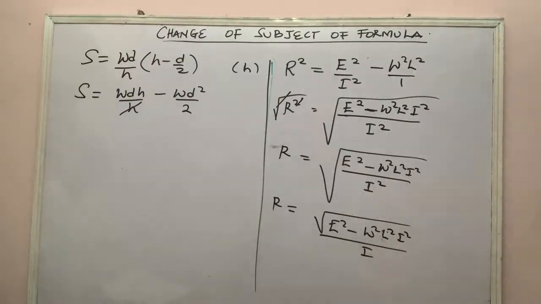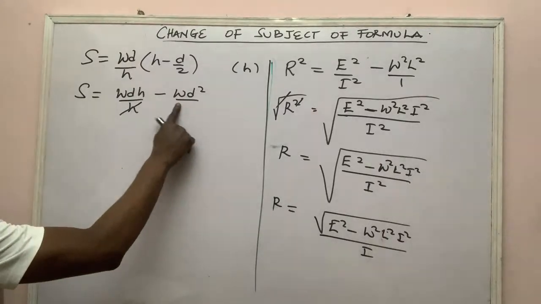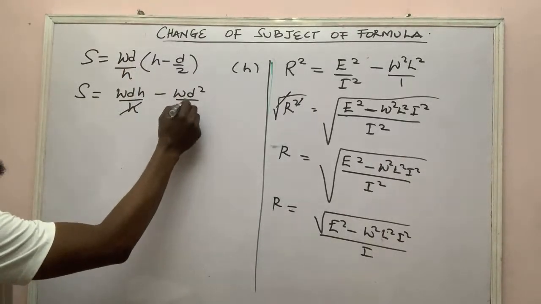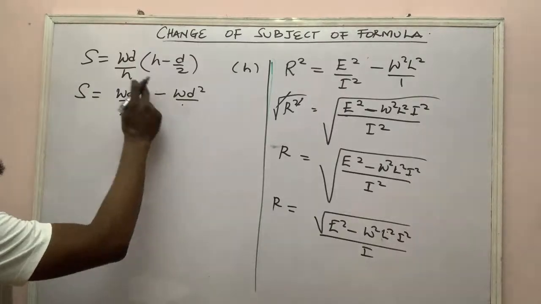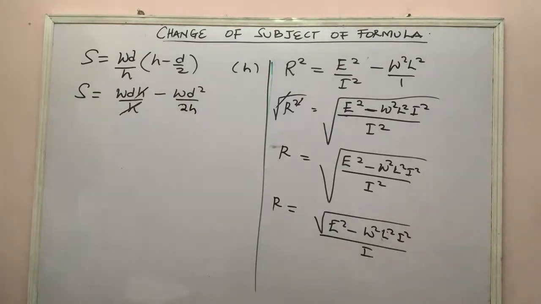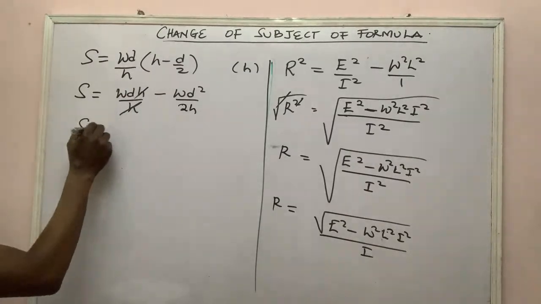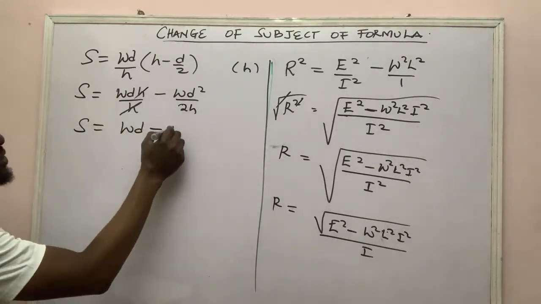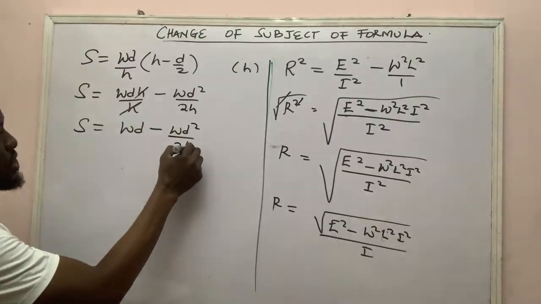WD over H minus D half, okay? So if you open up this, this time it is 2H here. So this will cancel out this, all right, so that's correct. So we have S equals WD minus WD squared over 2H.